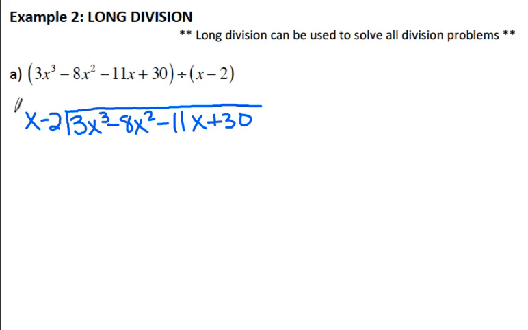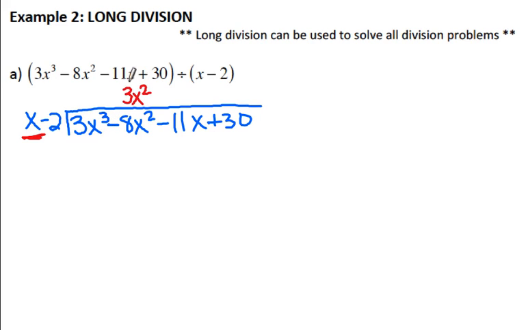For long division, you're always focusing on that first term, so I like to underline it. You're thinking, what times x gives you this first term? So what times x gives you 3x cubed? That's going to be 3x squared, because x times 3x squared gives you 3x cubed.